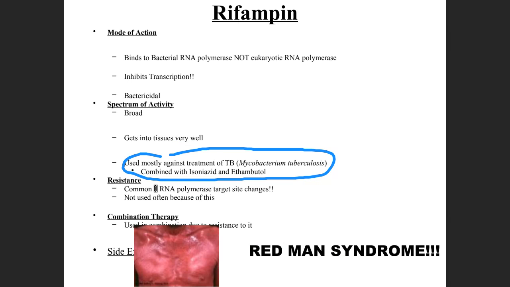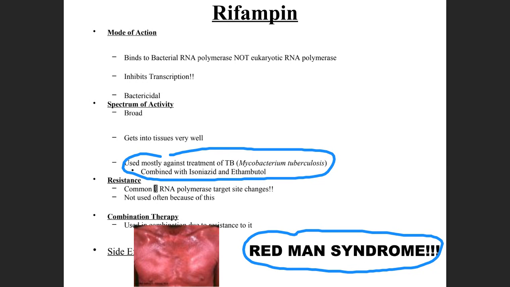There is an odd side effect to taking rifampin, and it's called red man syndrome. Red man syndrome seems to occur if rifampin is given too quickly, like in an injection within 10 seconds. They're not exactly sure why it might be happening, but it seems like if you give it too quickly, it causes a massive inflammatory reaction where a person's mast cells and basophils start releasing all this histamine that causes skin to get red.